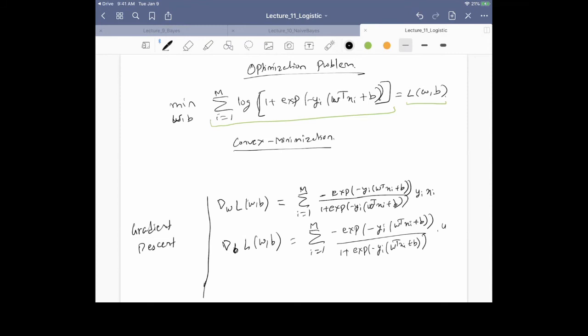Here I just have a yi and no xi, because I take the derivative with respect to the bias term. So these are the derivatives with respect to w comma b.